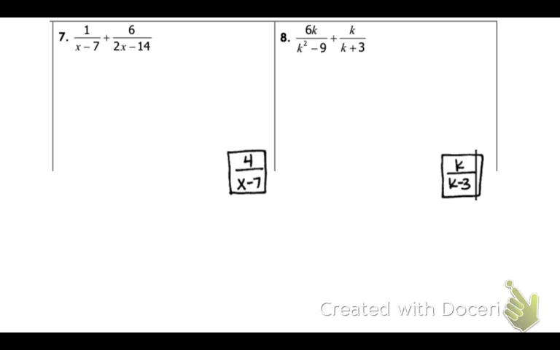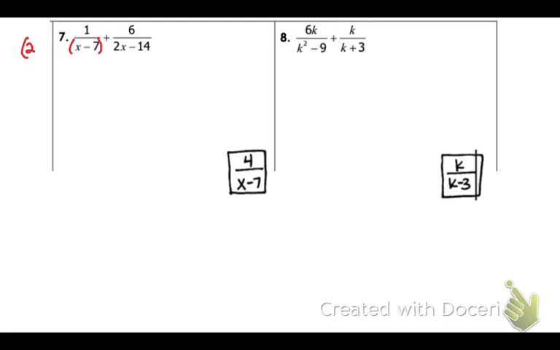So for number 7, the denominators, we have x minus 1 and 2x plus 4 minus 14. So for this one, I have to change this one. Okay, I need a 2x and I have an x, which means I'm going to have to multiply by a 2 here. Now I have a negative 7, but I need a negative 14, so I multiply by 2.